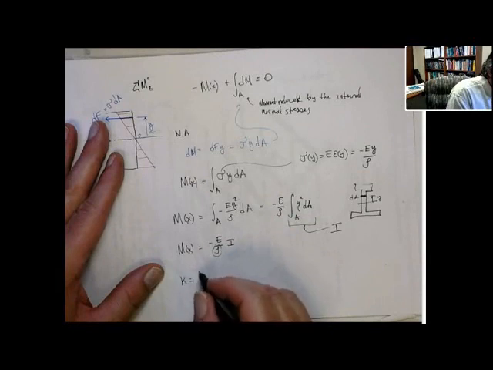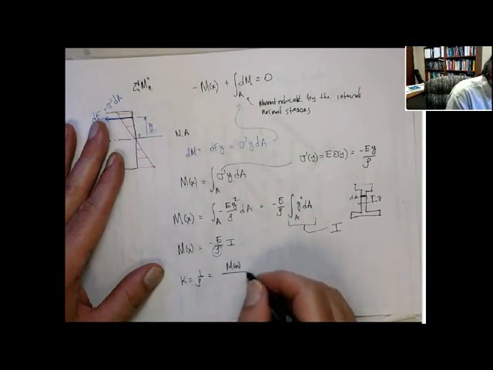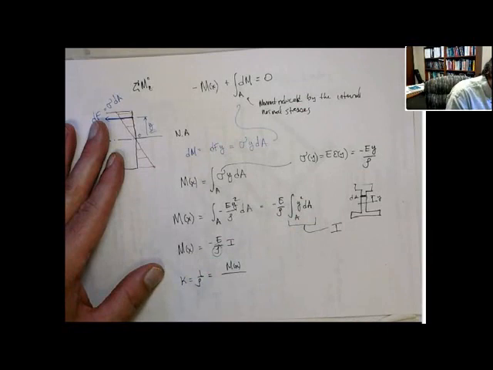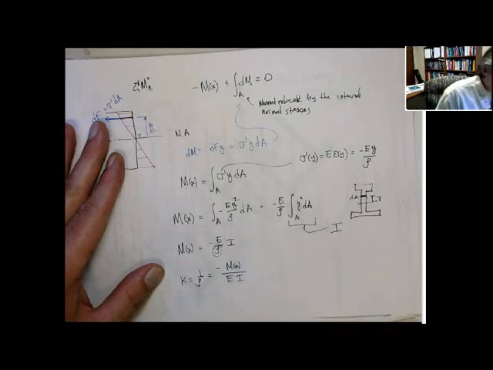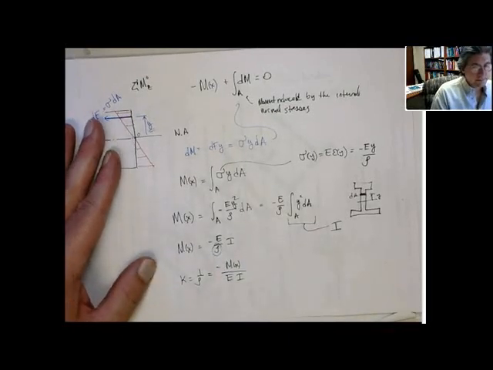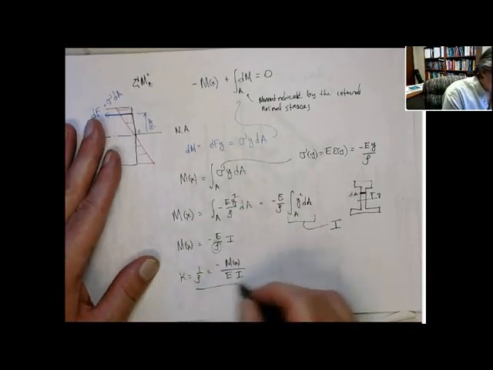You know the curvature is equal to 1 on rho. So that's got to equal the internal bending moment over E I, with an x.